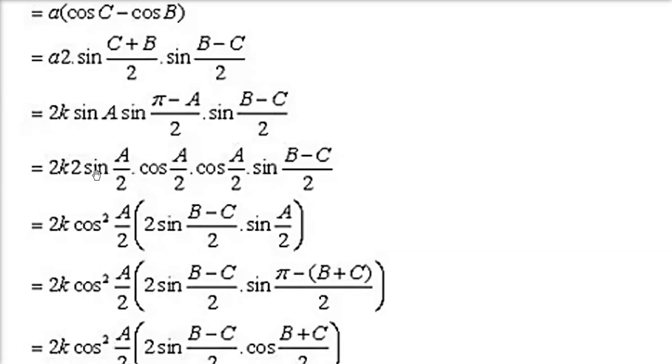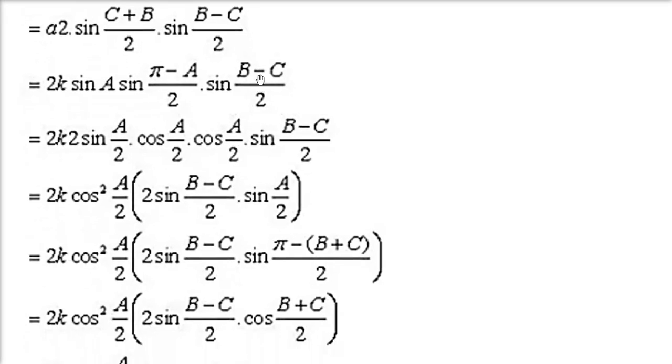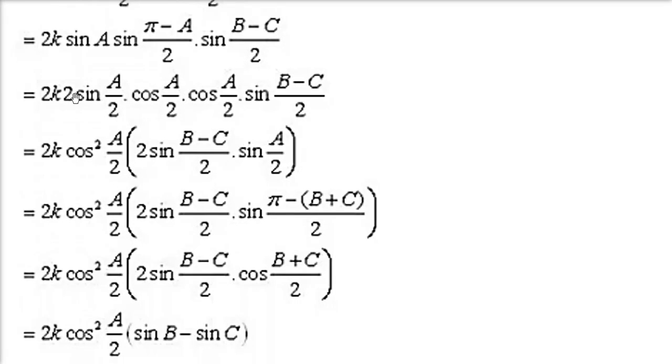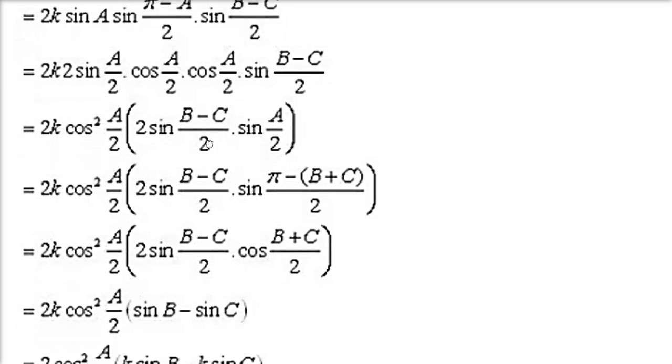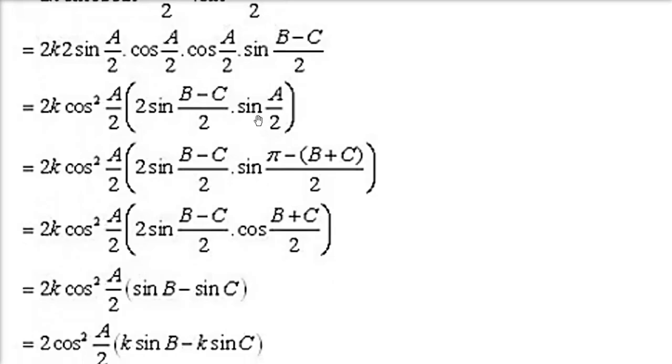So this sin a we have written as 2 sin theta cos theta. This sin pi by 2 minus a is cos a by 2, and this is here. So this cos square we take outside. This sin a by 2 and sin b minus c by 2 we take together. So this is 2 sin b minus c by 2 sin a by 2. So since we can write this a as pi minus b plus c by 2, this can be sin pi by 2 minus b plus c by 2.